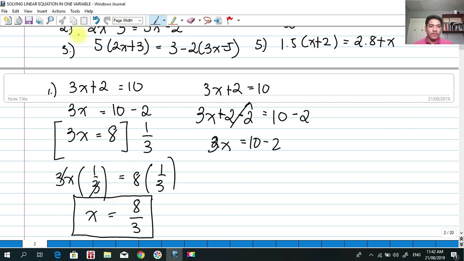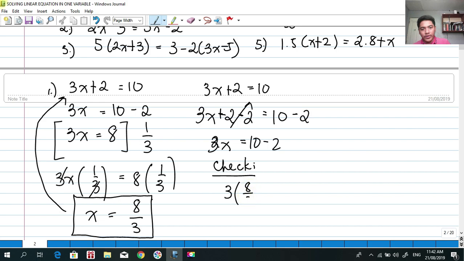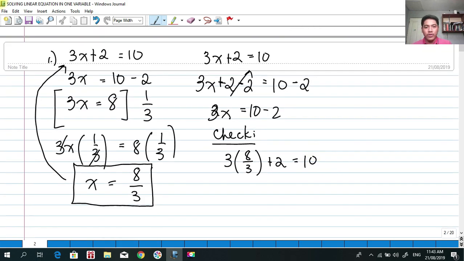It means that if we substitute 8 over 3 into our original equation, we should get 10. So let's check. We have 3 multiplied by 8 over 3, because that's the value of our x, plus 2 equals 10.